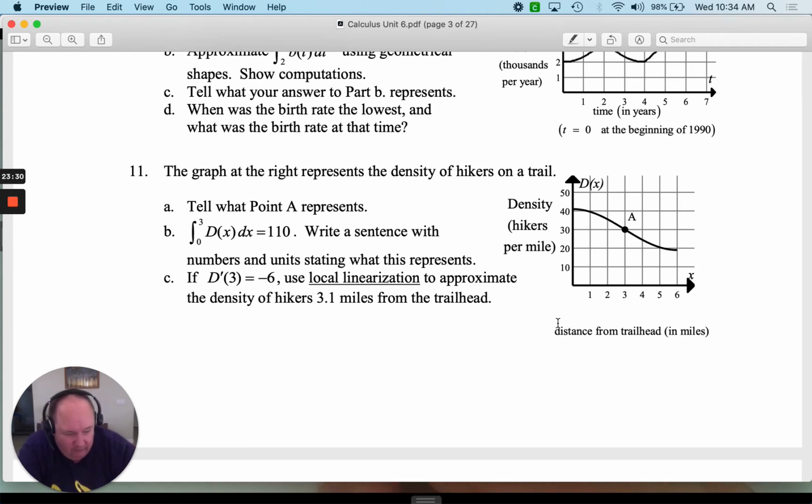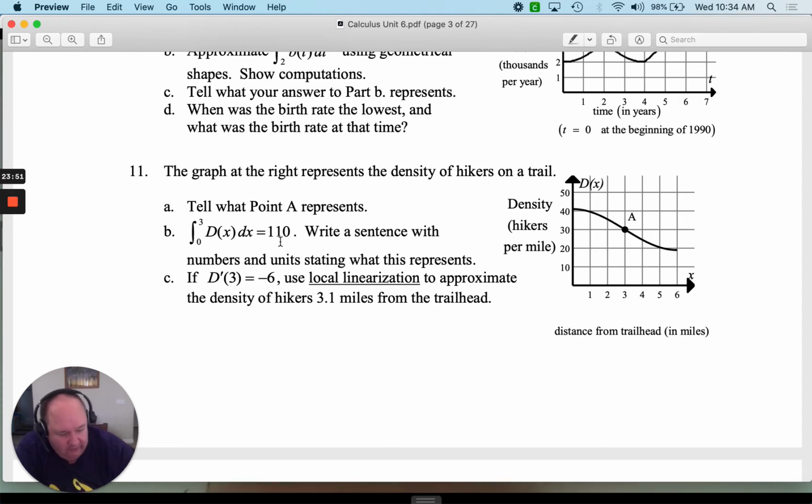From 0 to 3 miles away from the trailhead, so from 0 to 3 miles away from the trailhead, what does that represent?